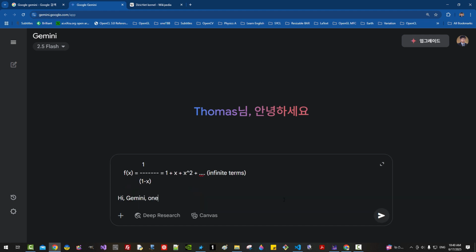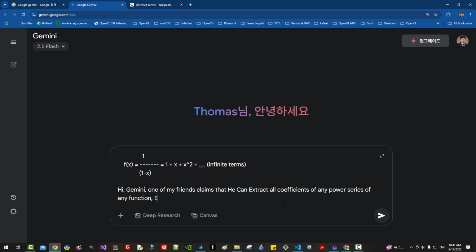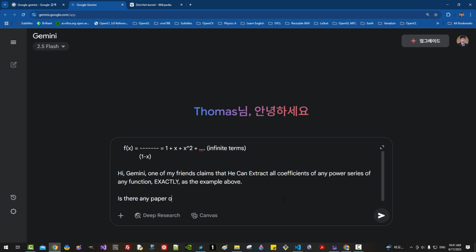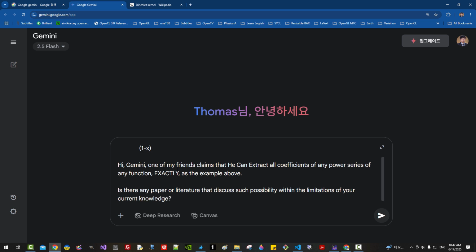Hi, Gemini. One of my friends claims that he can extract all coefficients of any power series of any function, including singularities, by passing branch cuts, exactly as in the example above.